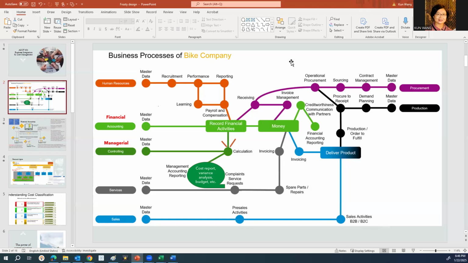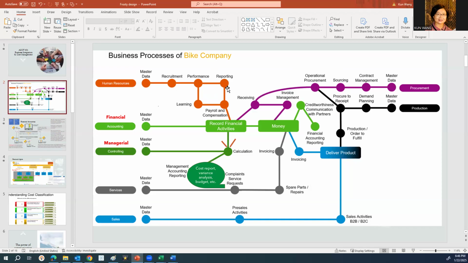Here we have an example of a typical manufacturing company in the bike industry. We can see the different colors here represent the key business functions. The orange here is human resources.